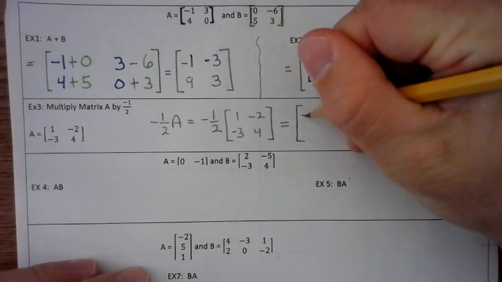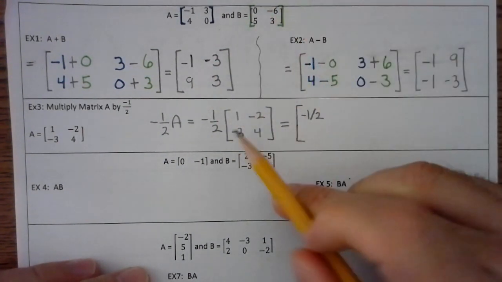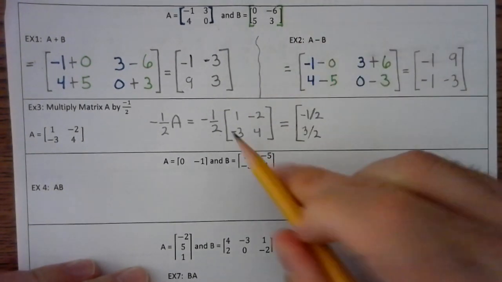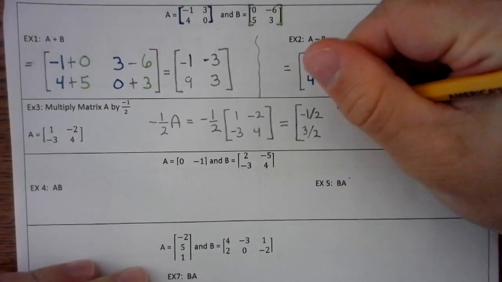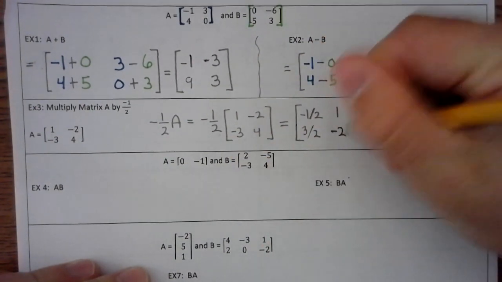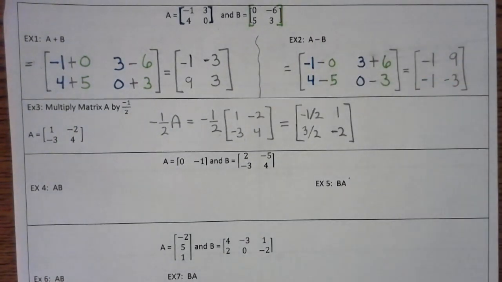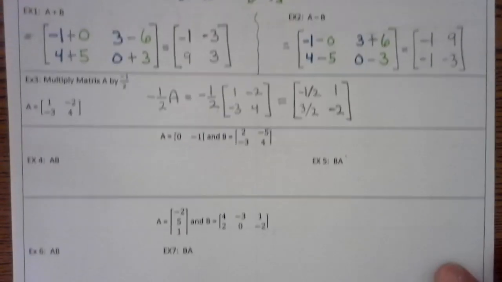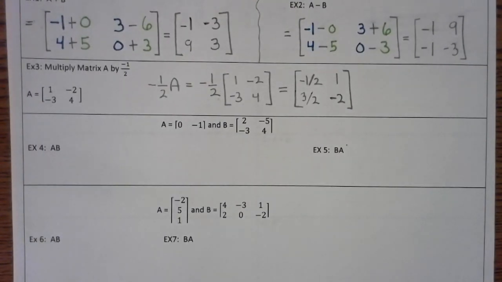Negative 1/2 times 1 is negative 1/2. Negative 1/2 times negative 3 is a positive 3/2. Negative 1/2 times negative 2 is a positive 1. And negative 1/2 times 4 is a negative 2. All right, now finish that up and let's look at example 4.